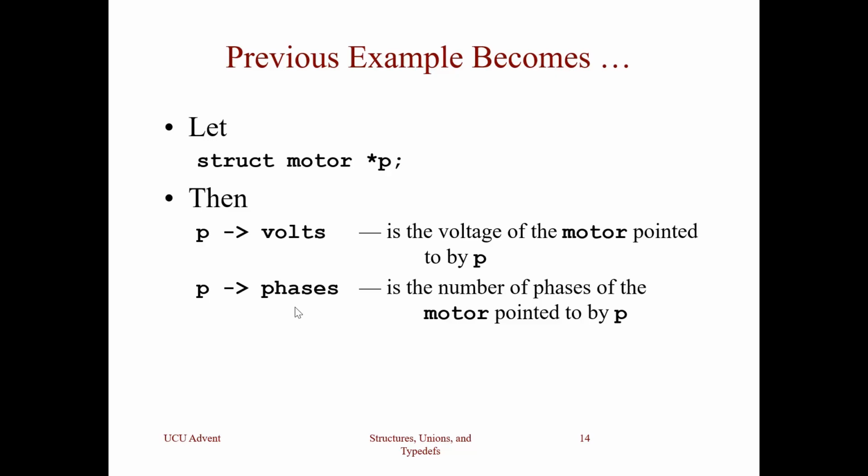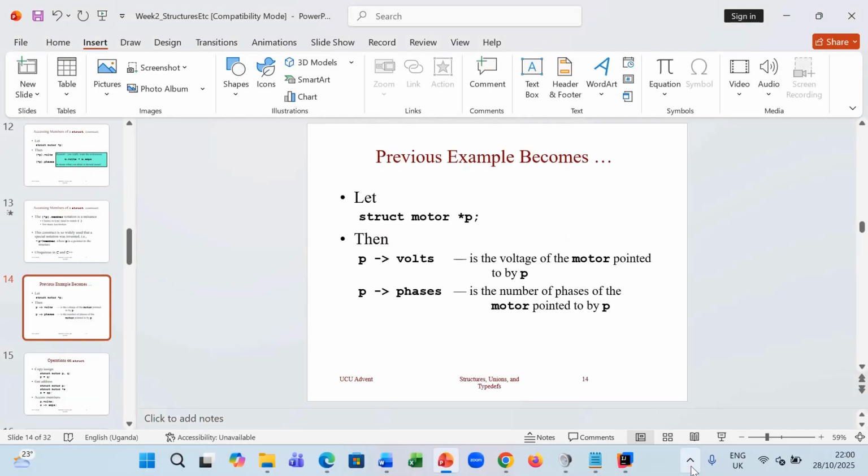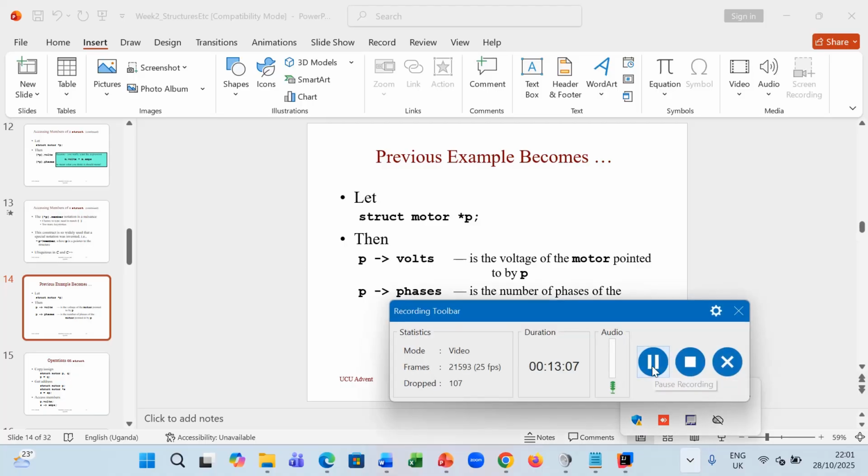When we look at our previous example, we have a structure motor, which is a pointer. So we can point to volts that way or to phases that way, and then we're able to get our results.